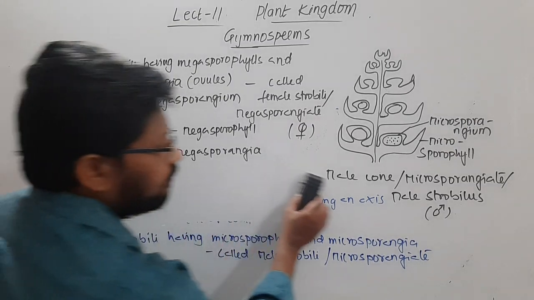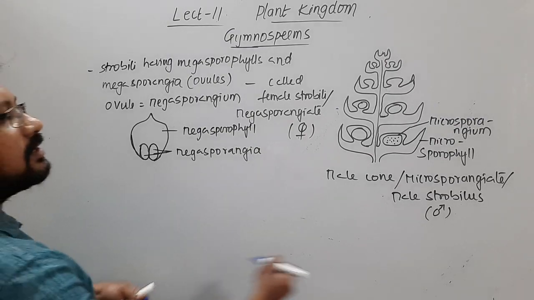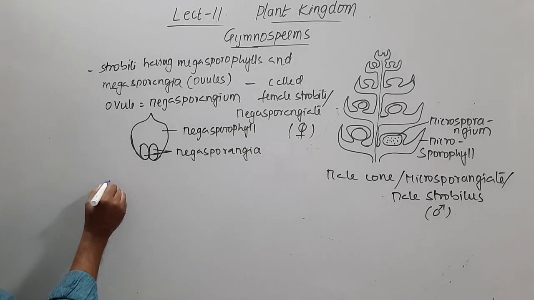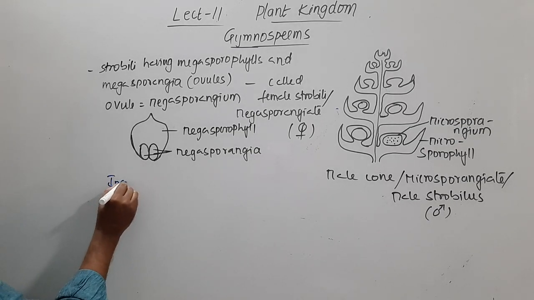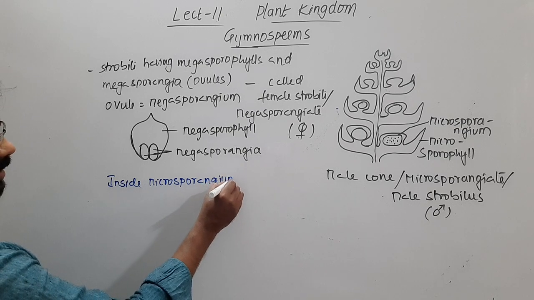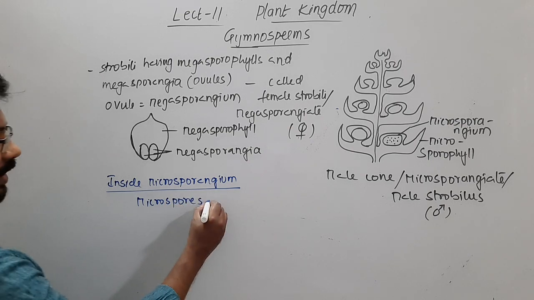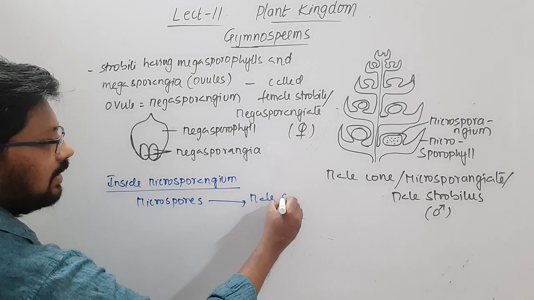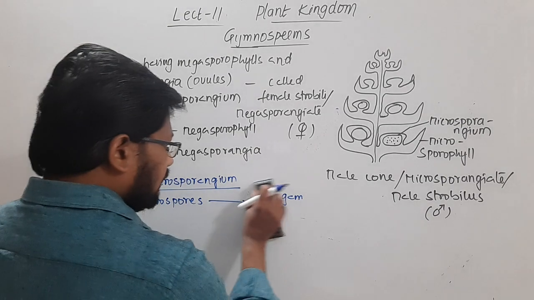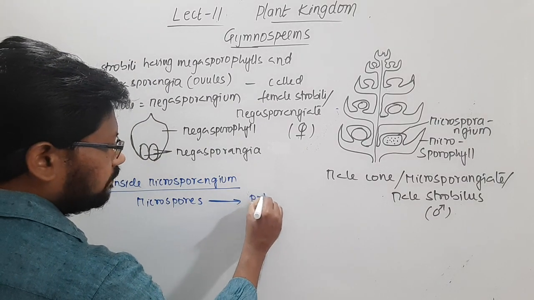Next, we'll see in the case of the males, the microsporangium. Inside the microsporangium, the microspores will develop into the male gametophyte, which is the pollen grain.